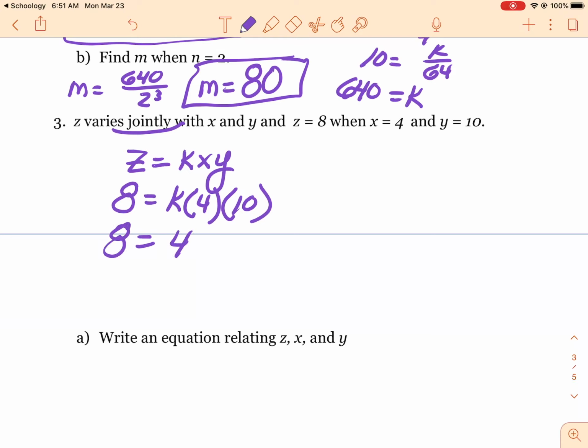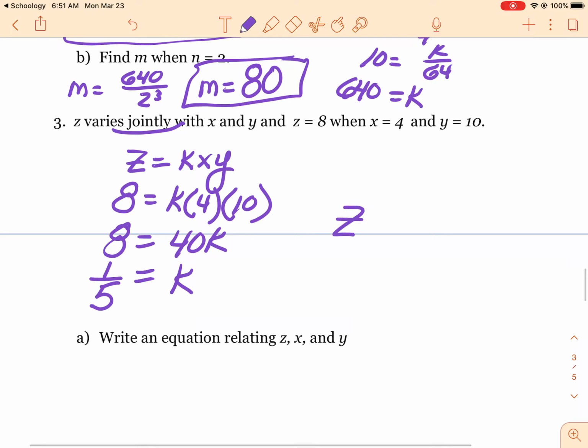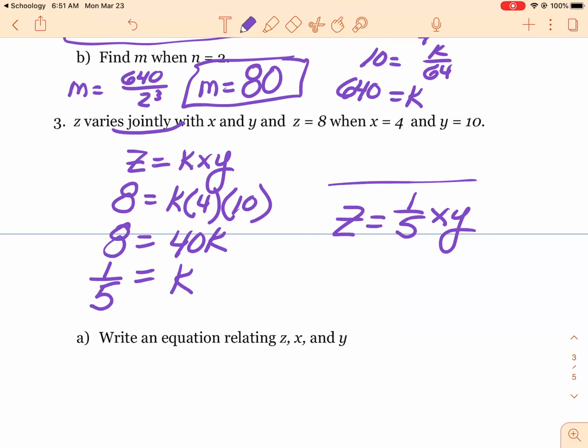So 8 equals 40k, divide by 40, and you're getting 1/5. So the equation would be z equals 1/5 xy.